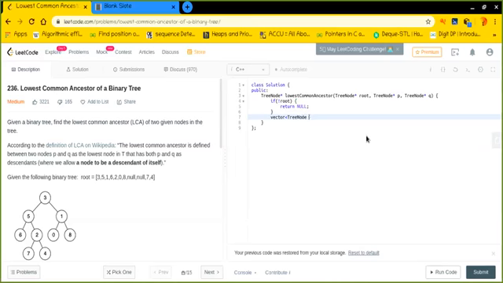I am storing the nodes in arrays, and I will call them path 1 and path 2, and simply find the path to reach both of the nodes. I'll pass the node and path 1 right here.